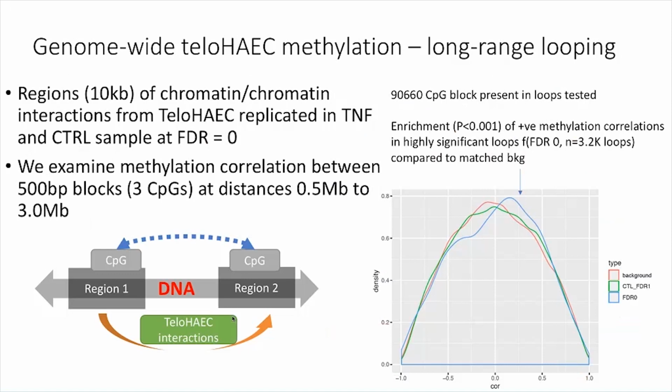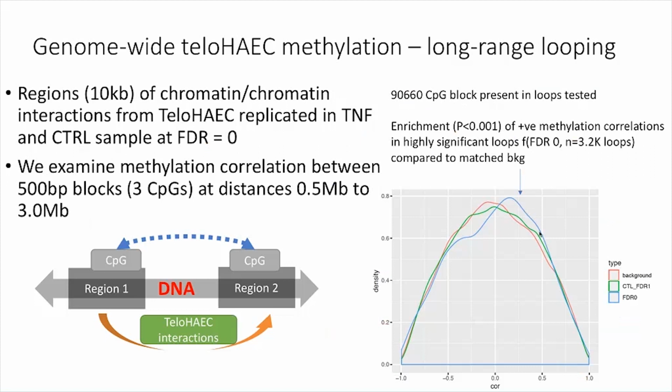Overall, however, the enrichment of positive loops is relatively minor, so it's represented by this small hump here, while the enrichment of significant positive correlations is significant. It's not sufficient to start to independently verify and develop models in this system.